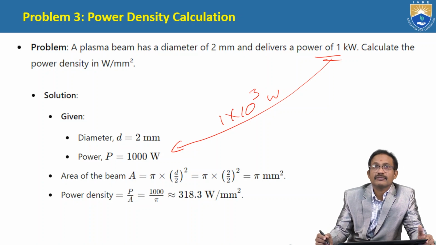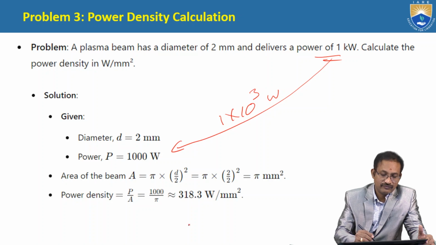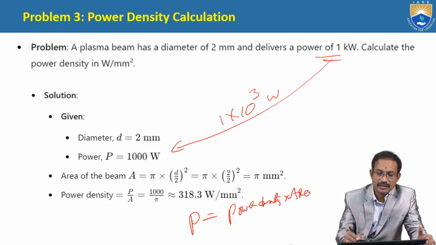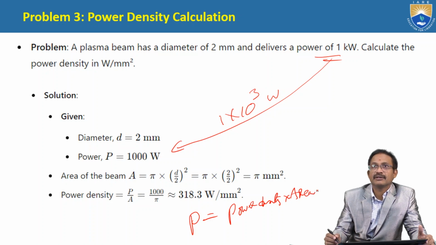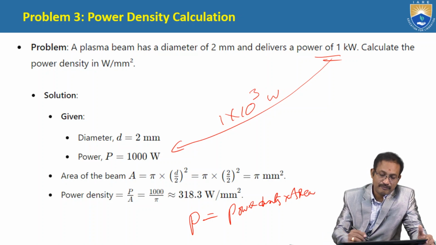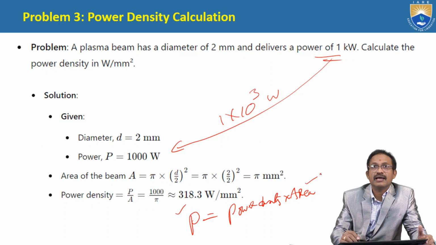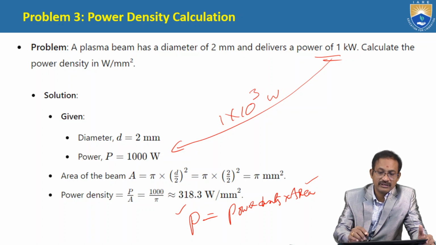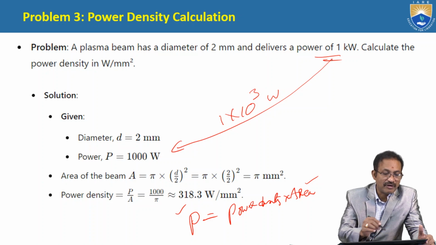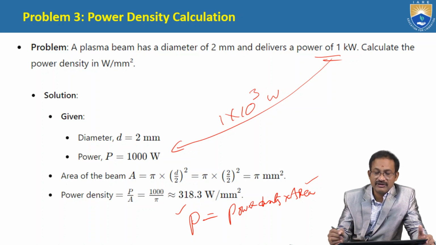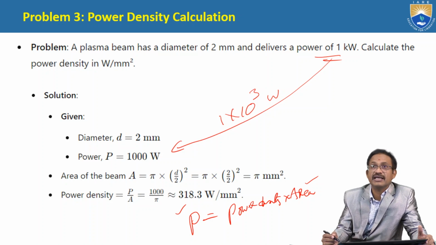Now here we have a basic formula: power equals power density into area. Power is given, and the diameter is given, but the area is not given, so we have to find the area.